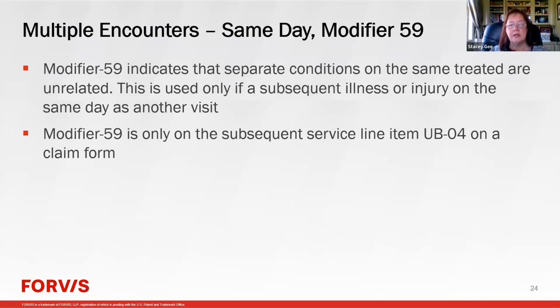I'm seen, let's say, at 10 o'clock in the morning. And then later that afternoon, 1, 2, 3 o'clock, I fall and I have pain in my hip, or my elbow, or something that forces me to come back to the clinic to see the provider. Then that's considered two separate encounters. And we're going to drop that modifier 59 on the subsequent.